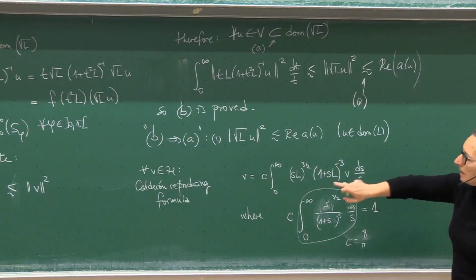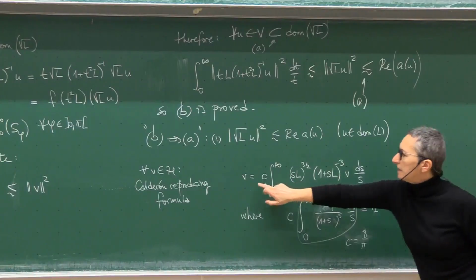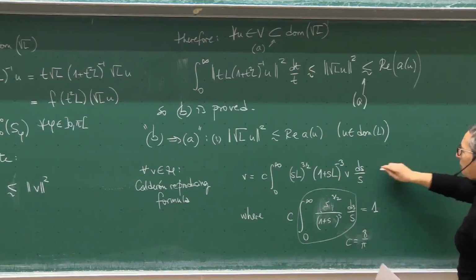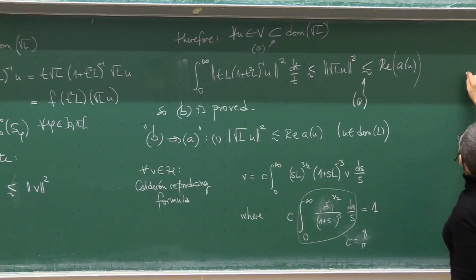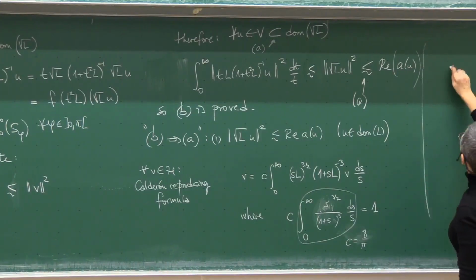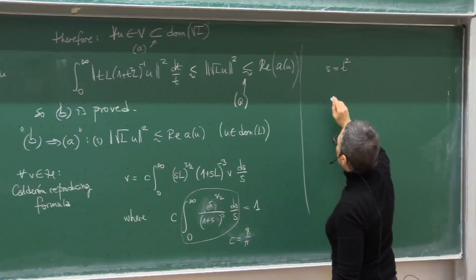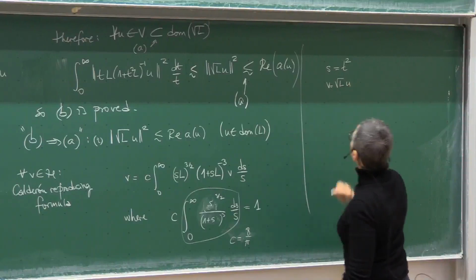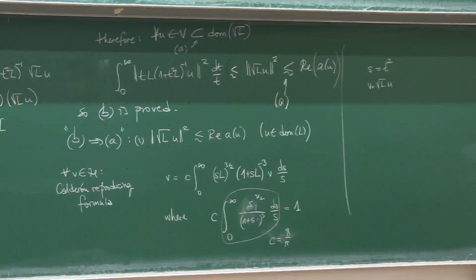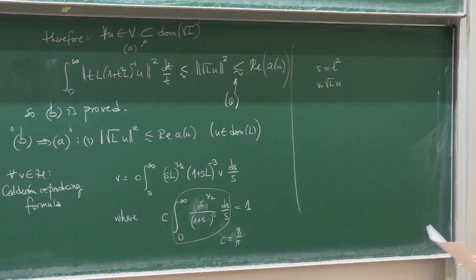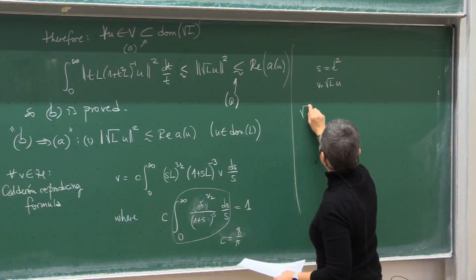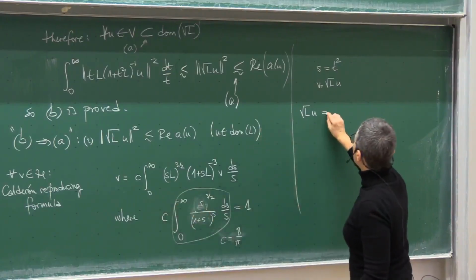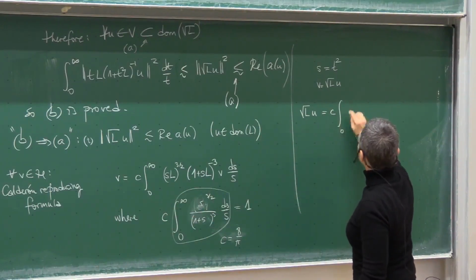So with this, the Calderon reproducing formula says that we have that. And if you change the variables, you put s equals t squared, and for v you use square root of L applied to u. Then what you get is that the square root of L u is c times the integral from 0 to infinity.